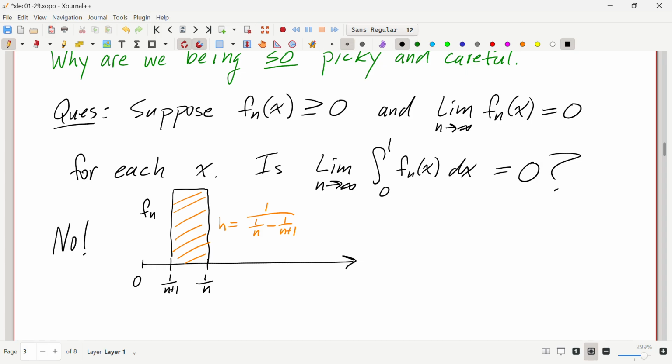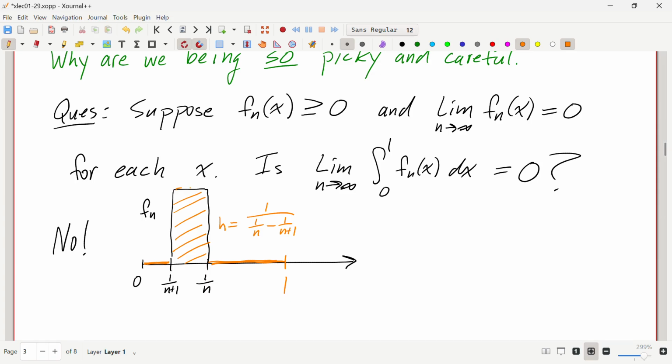Well, those Fn's, if you pick me an x, eventually the 1 over n's get less than x. And so they do go to 0 everywhere, and they're 0 at 0. So the function I'm drawing here is that there, and it's going to be 0 outside there, out to 1.